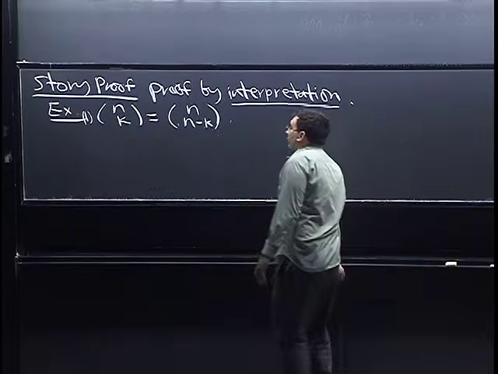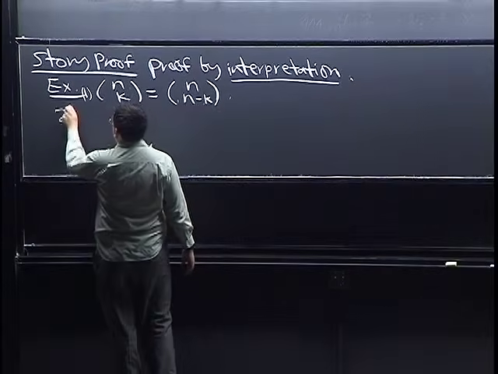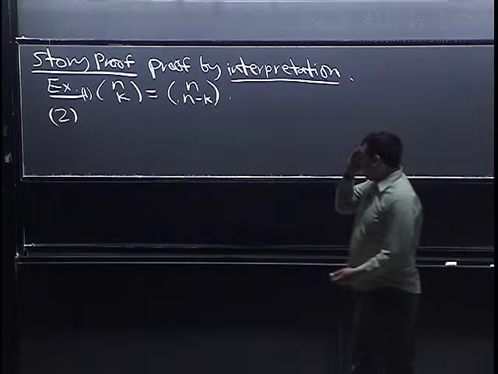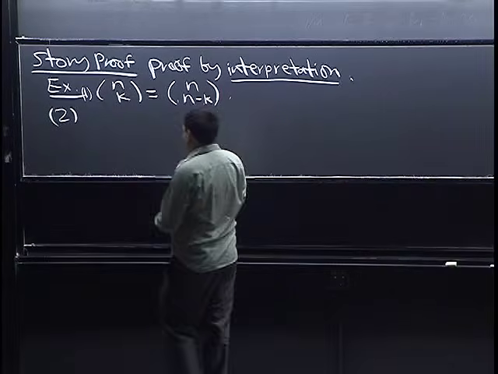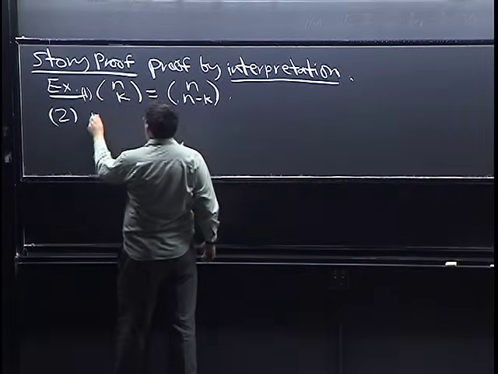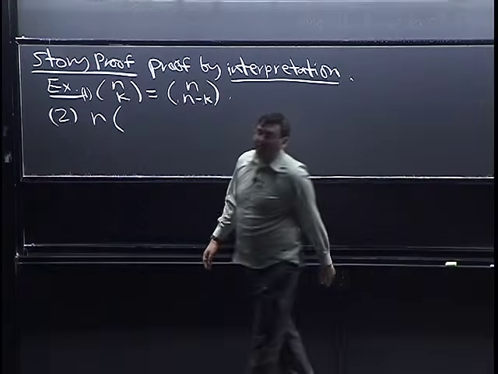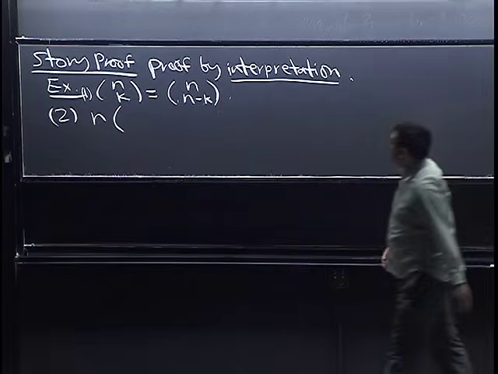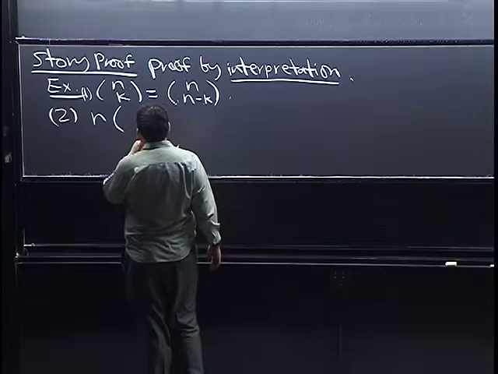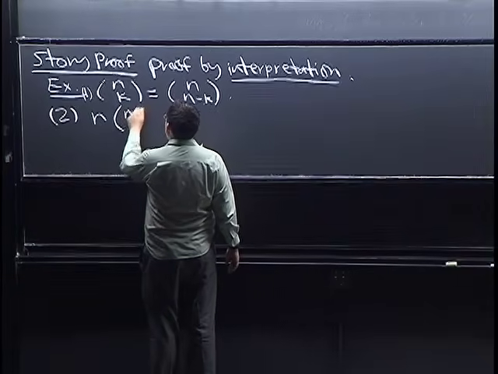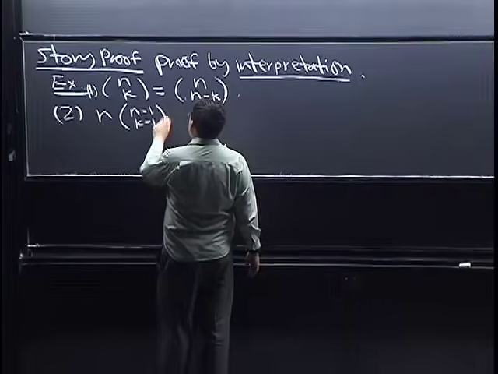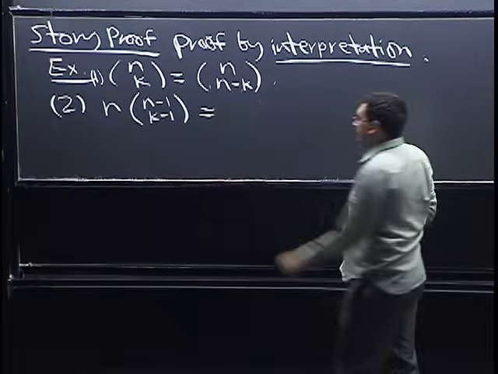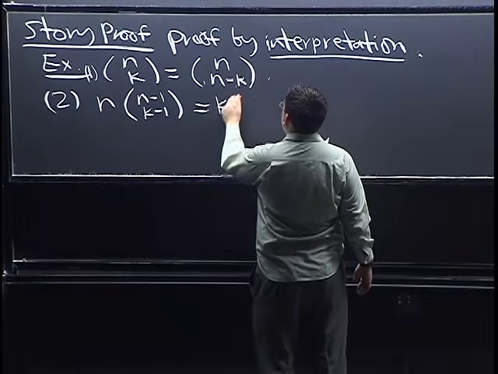Okay, let's do a slightly harder one, and then one that would be a nightmare using algebra. So here's kind of an intermediate example. This is a very handy identity that n times n minus 1 choose k minus 1 equals k times n choose k.